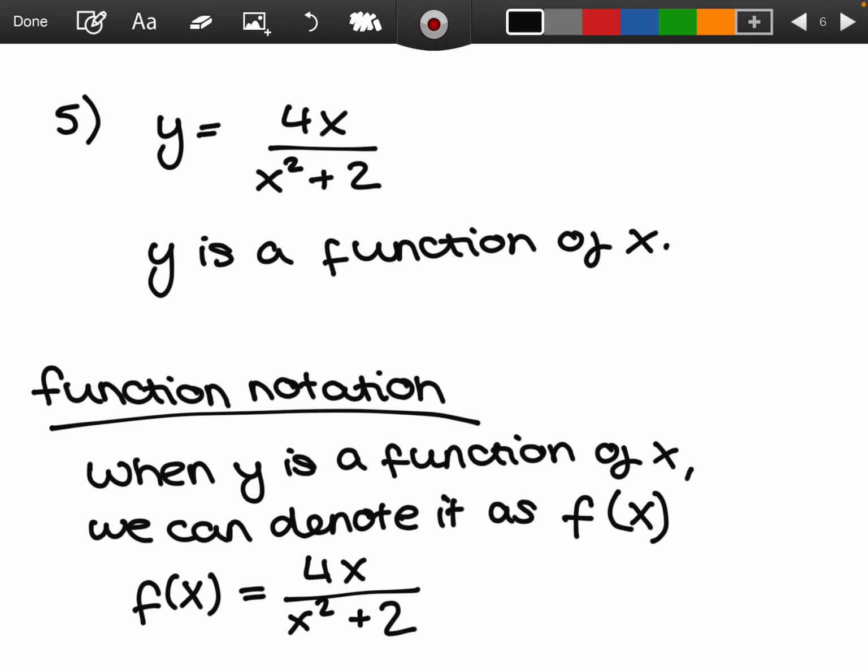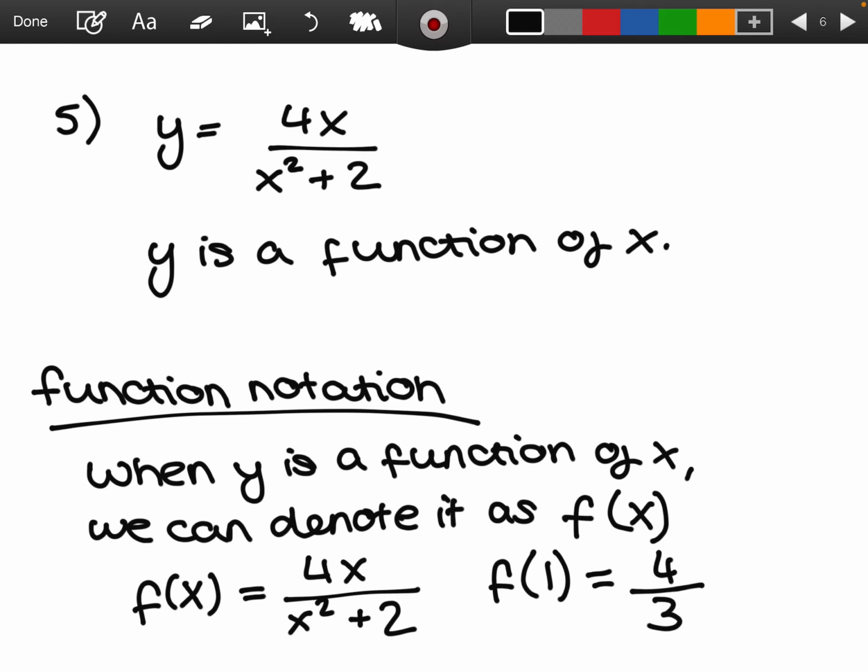So the reason that we like this function notation is because I can actually evaluate my functions and write it slightly more easily and clearly. So for example, if I want to set x equal to 1 and find out what my dependent variable would equal, I can just say, okay, I have a function where I want to set x equal to 1. So I can call it f of 1, and I can just plug in 1 and get that answer.